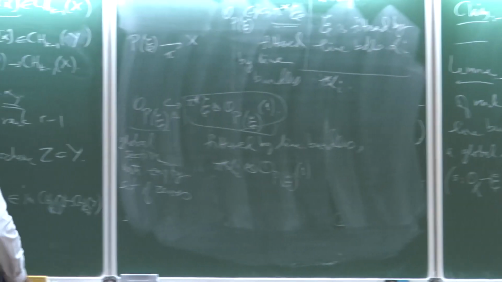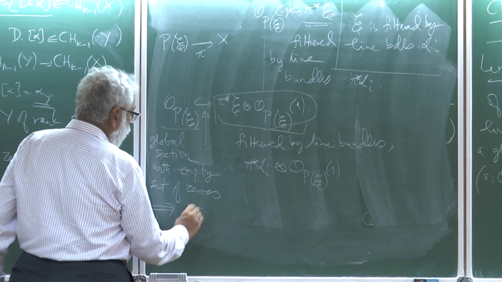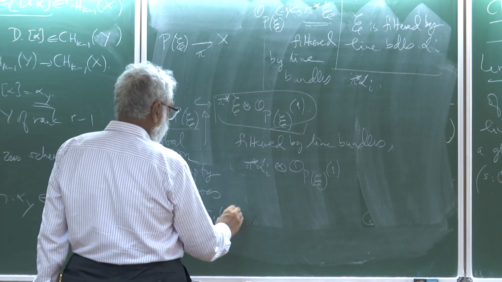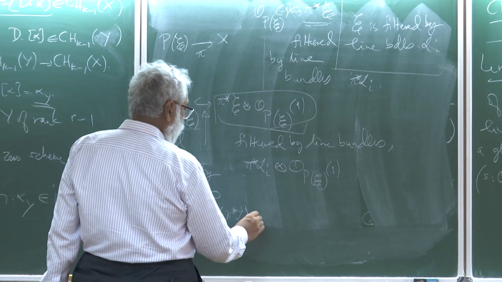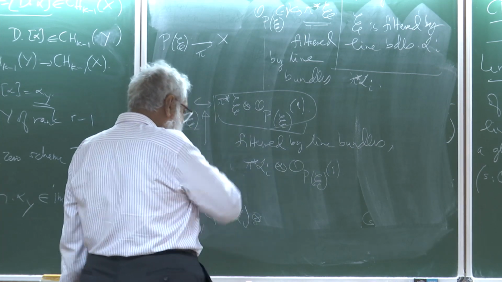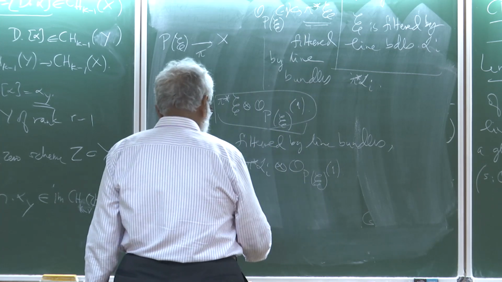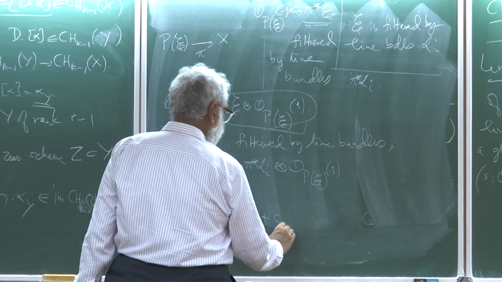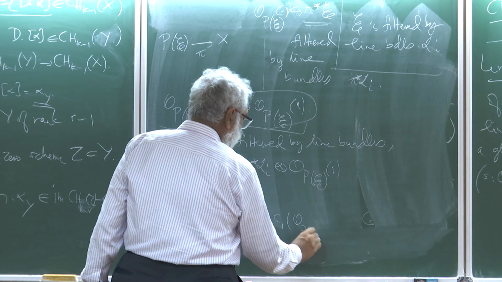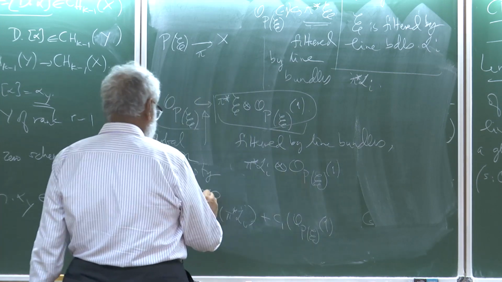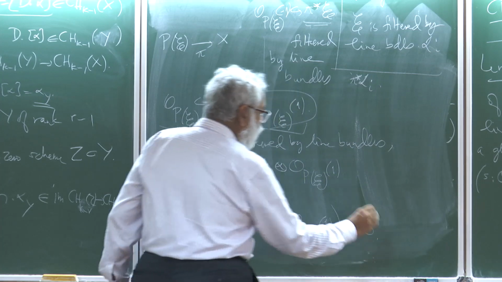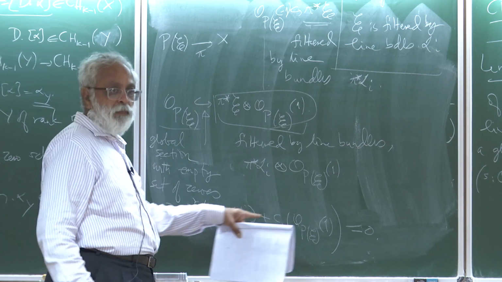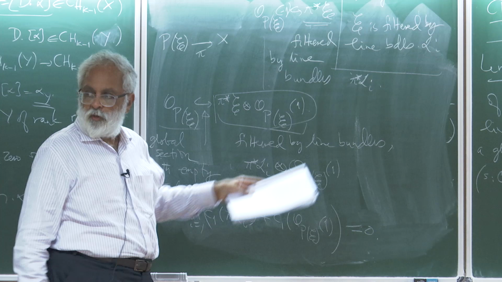Therefore I get the conclusion that the product, i equals 1 to r, of C1 of pi upper star Li tensor O_E(1) is 0 as an operator. This you just expand out and rearrange, do a little algebra, you get the conclusion which we want.